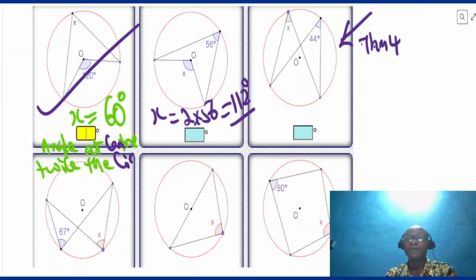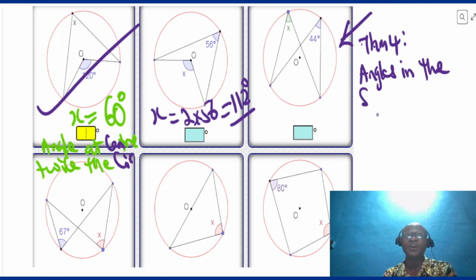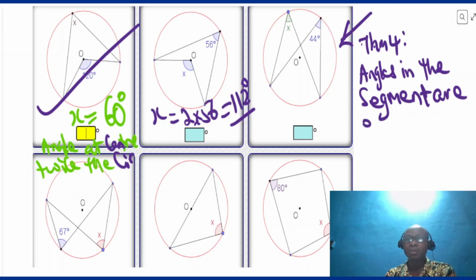I write: angles in the same segment. Can you now see why I started giving you the meaning of all those things before? If you never heard of segment, you will not understand what this means. Angles in the same segment are equal.